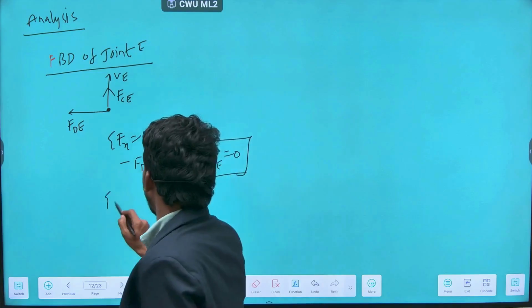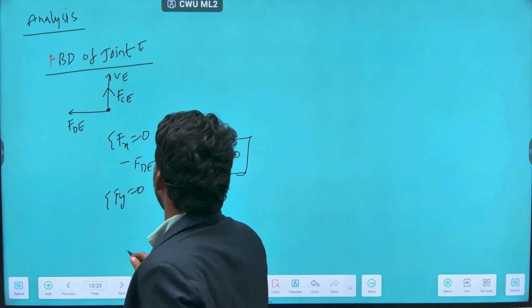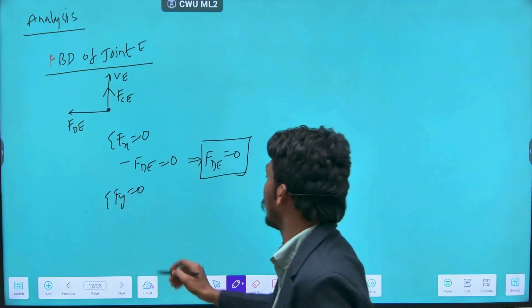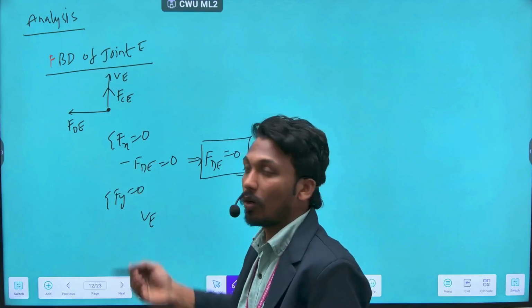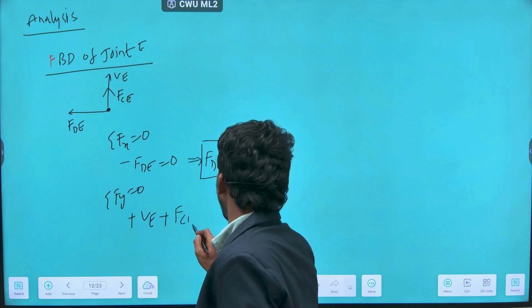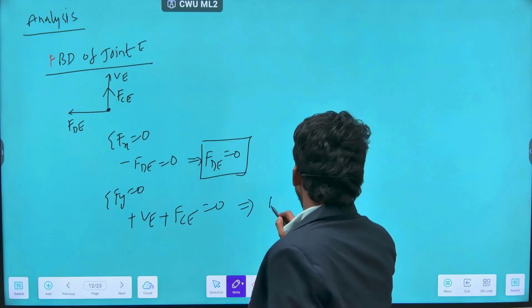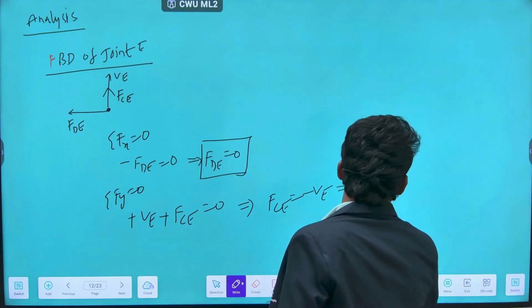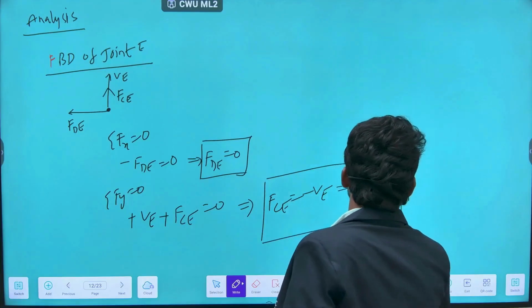Now if you apply sigma Fy equals to 0, in the vertical upward direction, that is positive y direction, I have two forces. One is VE, that is upward, positive y axis, so it is positive, and again FCE is positive y axis. VE plus FCE equals to 0. So it means FCE equals minus VE, which equals minus P by 2.